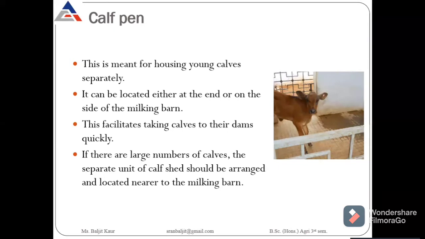These younger stock should be kept near the milking barn, so that at the time of milking, the calves can come with their mother. So this calf pen should be near the milking barn. This facilitates taking calves to their dams quickly, right? If there is a large number of calves, a separate unit of calf shed should be arranged and located near the milking barn. So the calf pen should be separate.